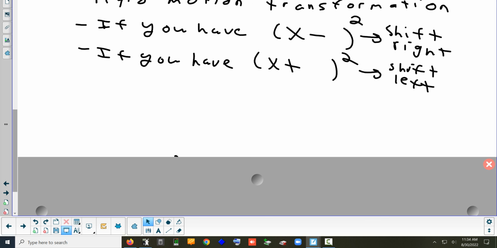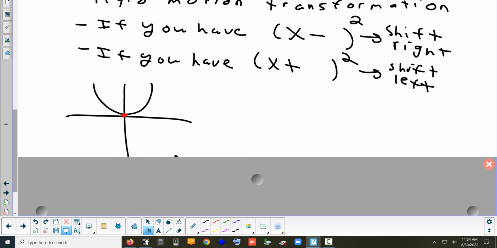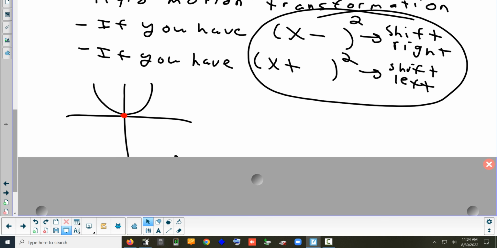So now, let's think about the vertex. If you have y equals x squared, normally your vertex is right at the origin. The only thing that affects where the vertex is going to go is shifting left and right or shifting up and down. So if you want to know where the vertex is going to be, first you take into account, did you move left or right?